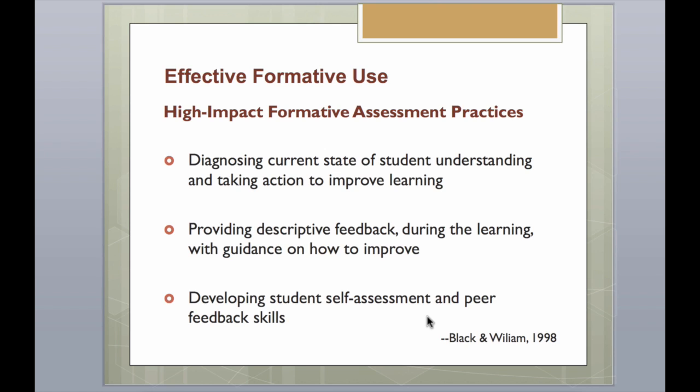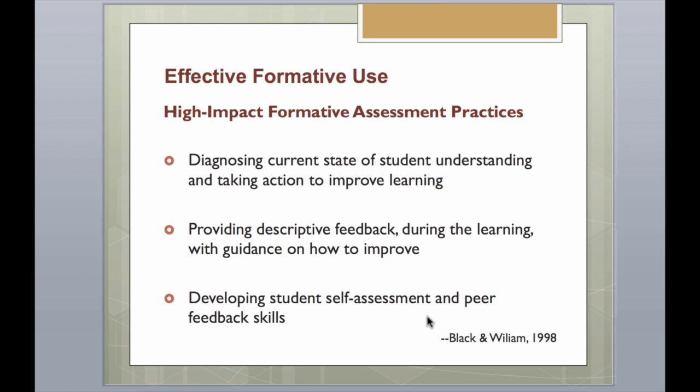Now, in the research on feedback and how it can improve student learning, it isn't the giving of feedback that causes the gains. It's the acting on feedback that causes the gains. So we need to make sure when we are on the formative assessment side of the equation that we're providing enough time not only to give that feedback, but for students to act on it. No action, no gain.